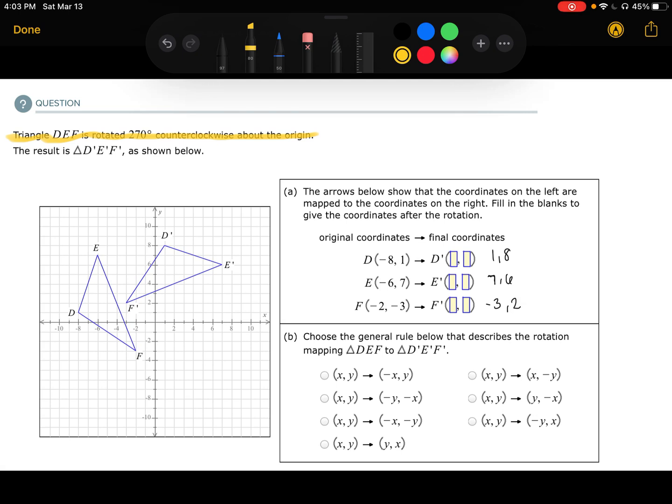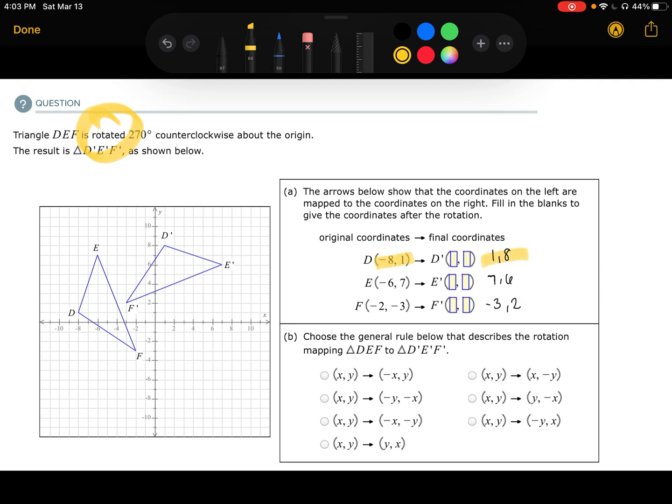It's going to make sense when we talk about it. If it has been translated, which is a lot of the ones some of you are seeing, the numbers are not going to be the same. So notice that this is a rotation, so you should expect to see the same numbers.